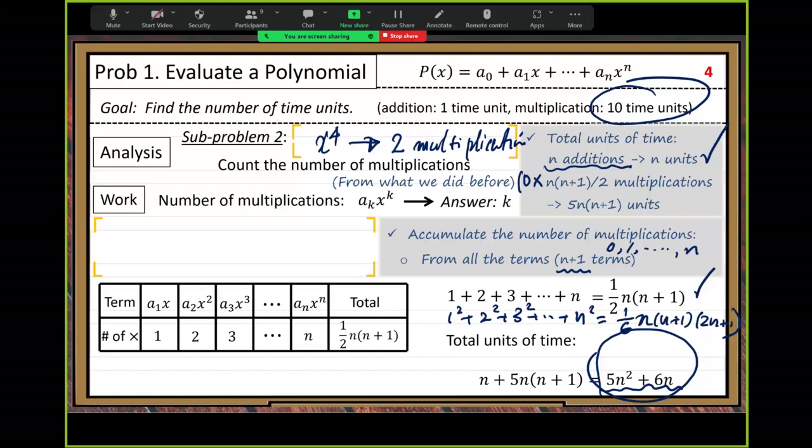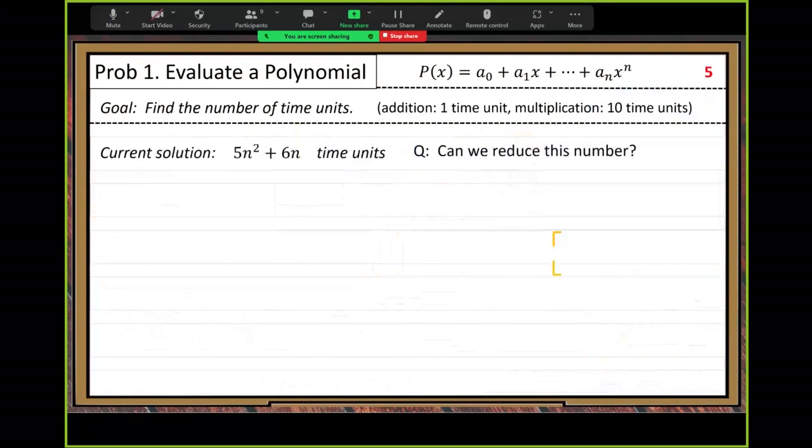So the question is how to improve it, how to reduce this number. Our next step is the improvement strategy.